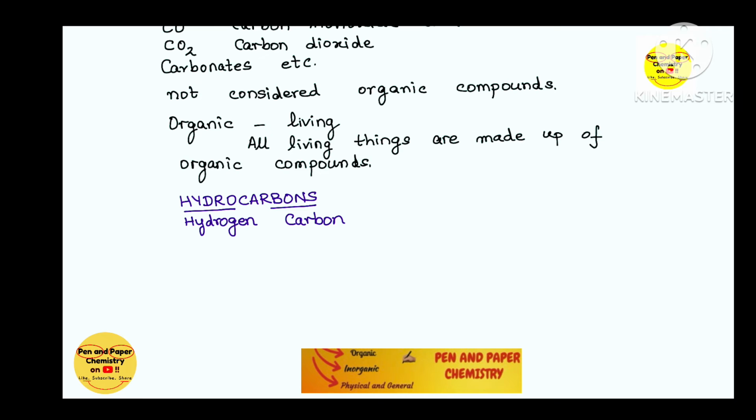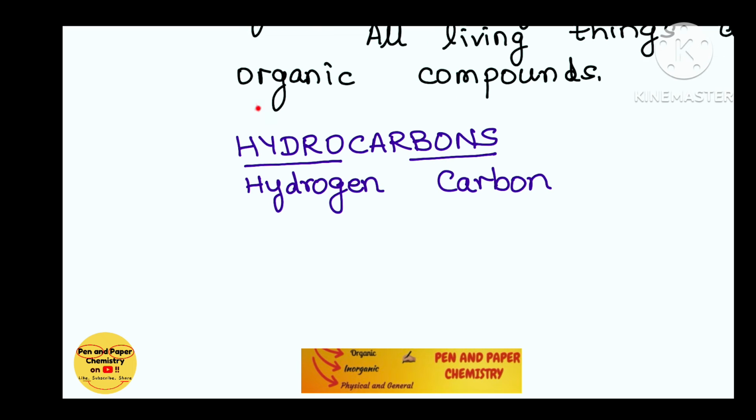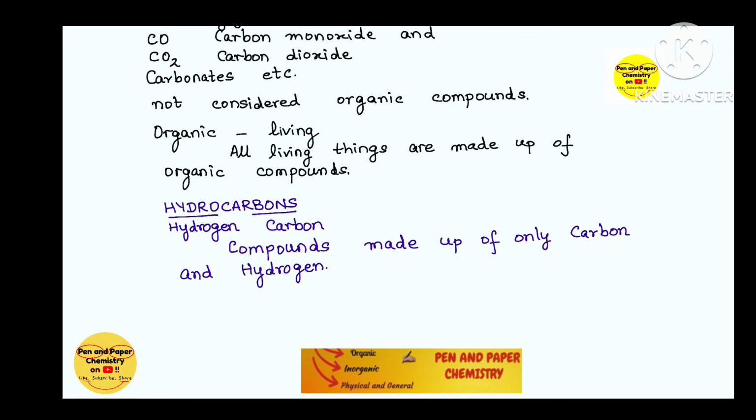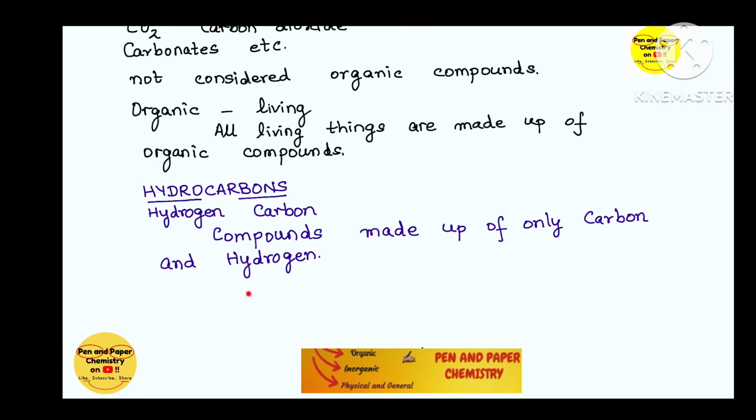So these compounds are known as hydrocarbons. Compounds which are made up of only carbon and hydrogen are known as hydrocarbons. You can note down the definition. Your notes will be ready. You can refer to them later on as well.